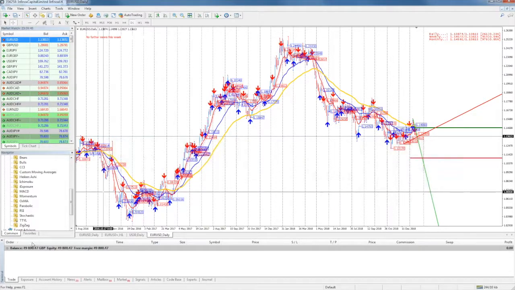If we draw a line going across here, you can see that is where big support lies, because the last time we broke out above this level, it really motored up, and now we've got huge support in and around this level here.